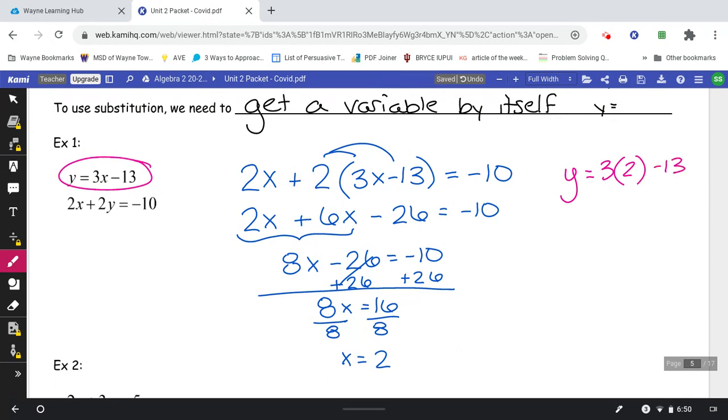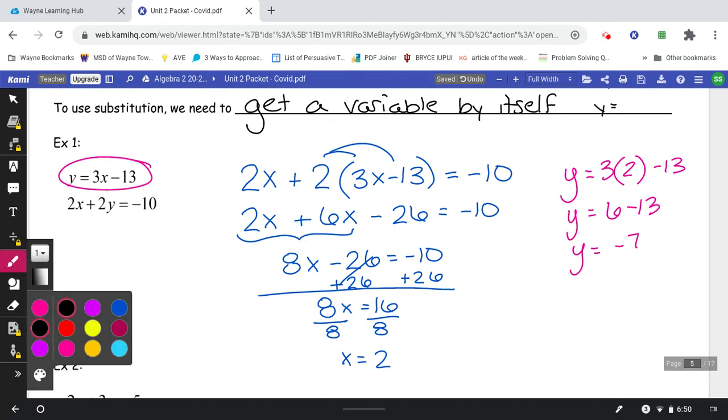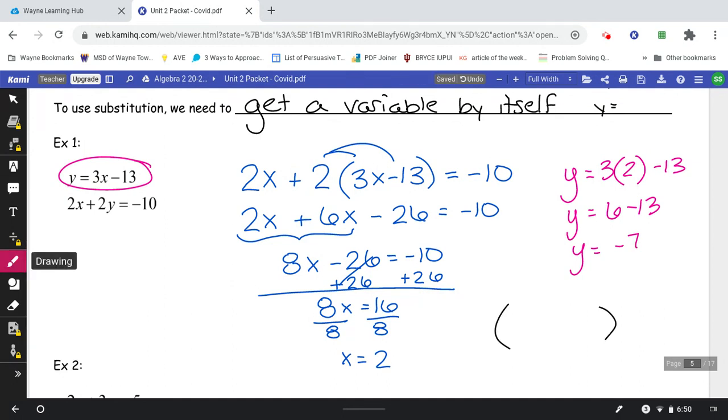And since the y is already by itself here, all I have to do is work on the right-hand side and simplify it. 3 times 2 is 6. And 6 minus 13 gets me negative 7. Remember, we write our final answer always as an ordered pair. X comes first, y comes second, 2, negative 7.